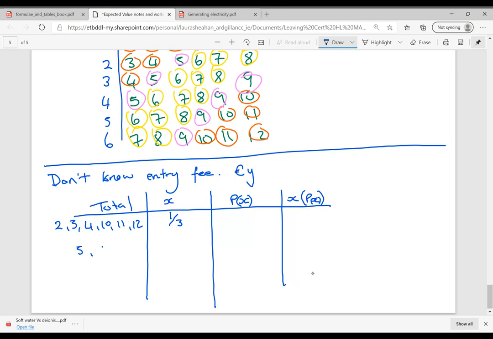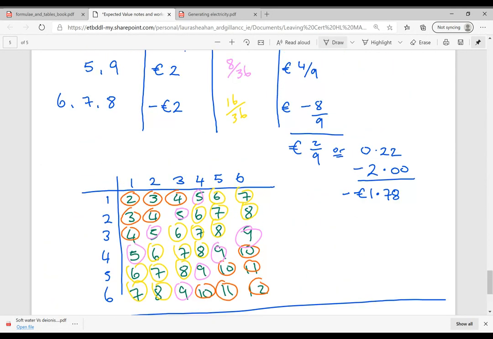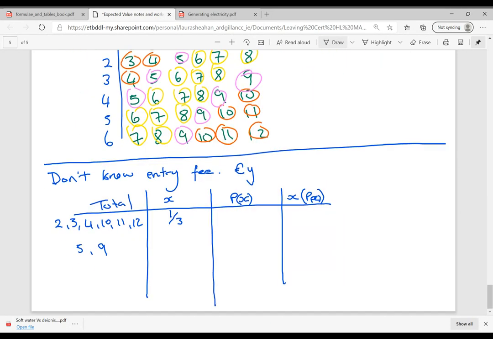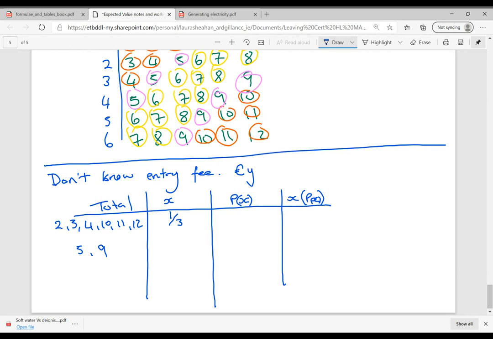If you have 5 or 9, it was 8 over 36, so simplify that down, get 2/9. And if you get 6, 7, and 8, I'm going to get 4/9.